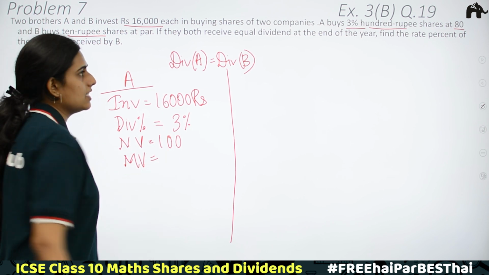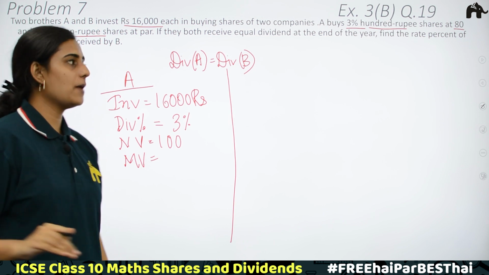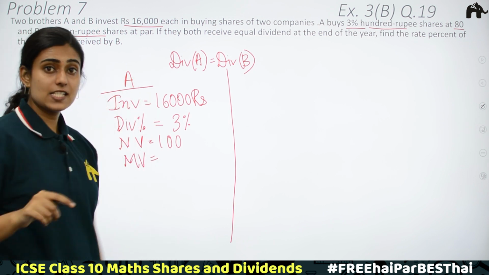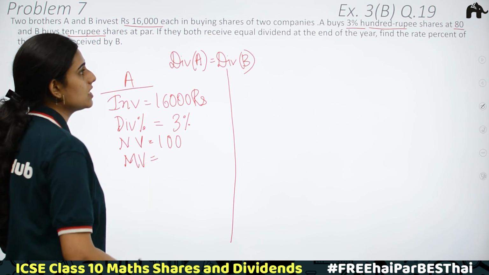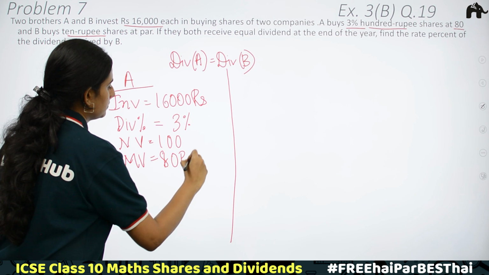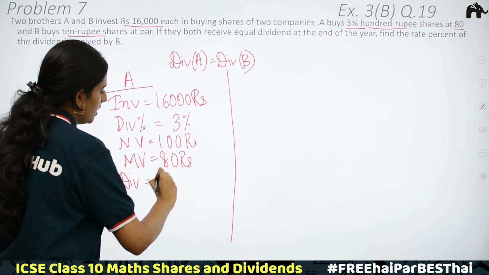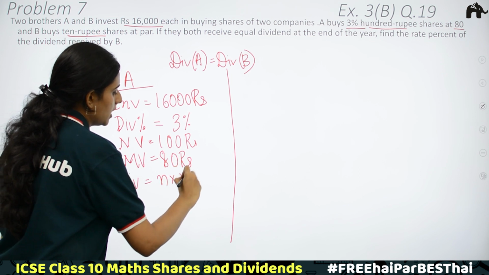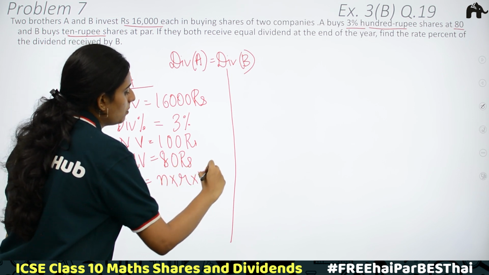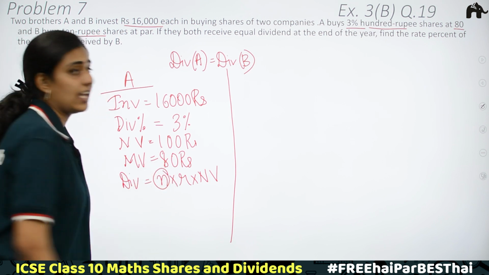Now, this case, it is above par or below par? Below par, right? There is a discount involved. Market value is equal to rupees 80. In order to find dividend, we have a formula. Number of shares into rate of dividend into nominal value of 1 share. But we don't know what N is.